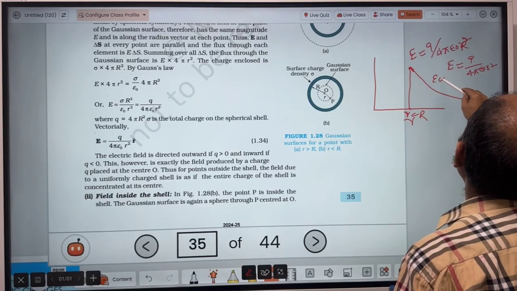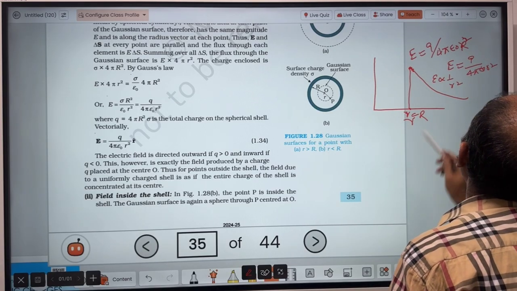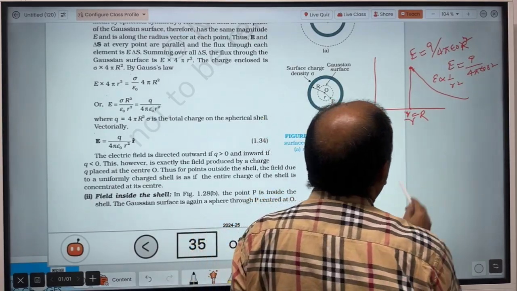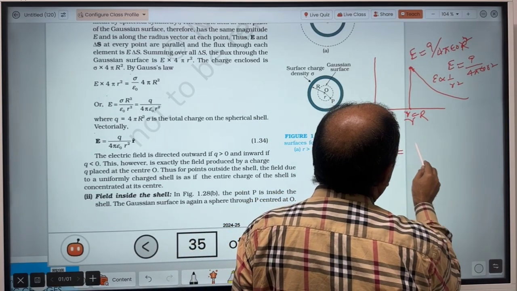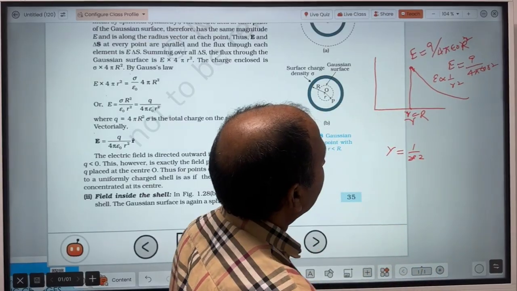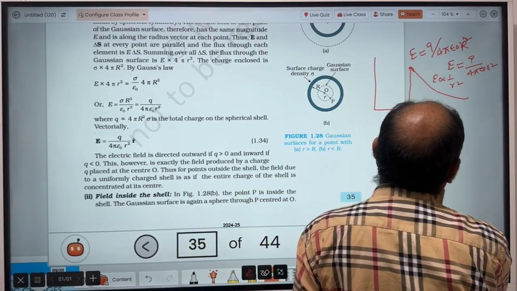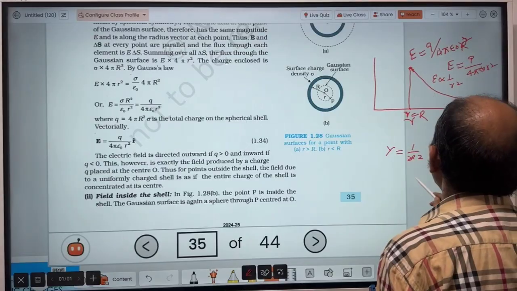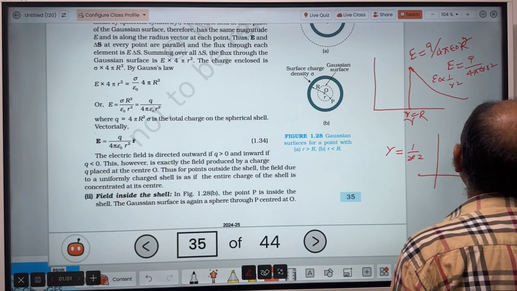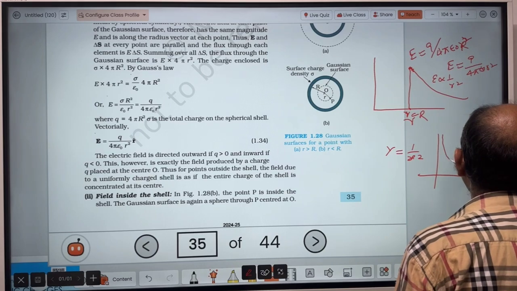So here E is proportional to 1 upon r square. I think you remember the graph of y equal to 1 upon x square. Y equal to 1 upon x square has a graph like this.